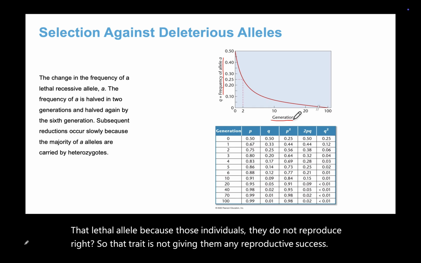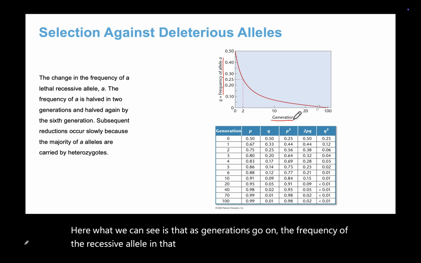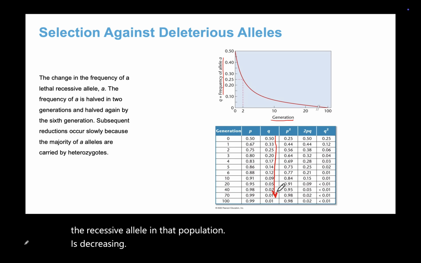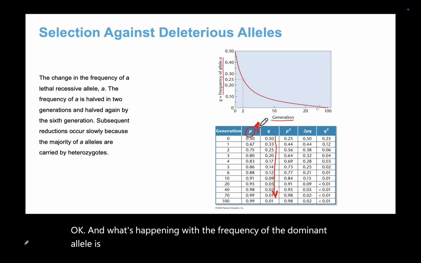Here, what we can see is that as generations go on, the frequency of the recessive allele in that population is decreasing, okay? And the frequency of the dominant allele is increasing generation after generation.